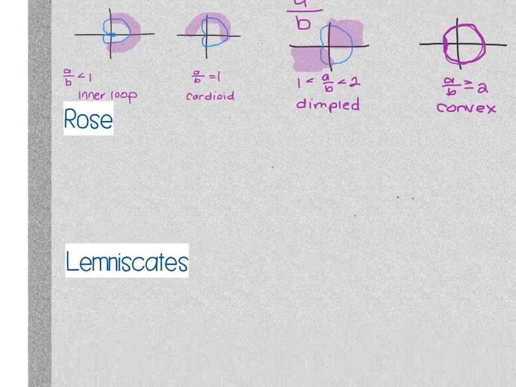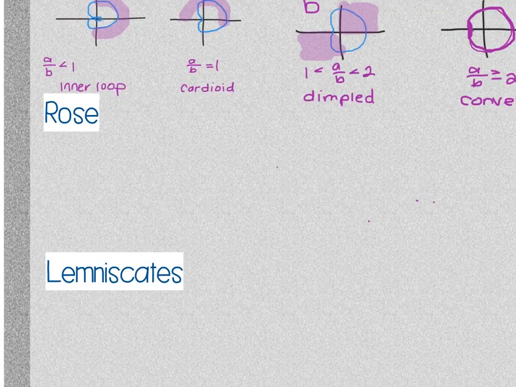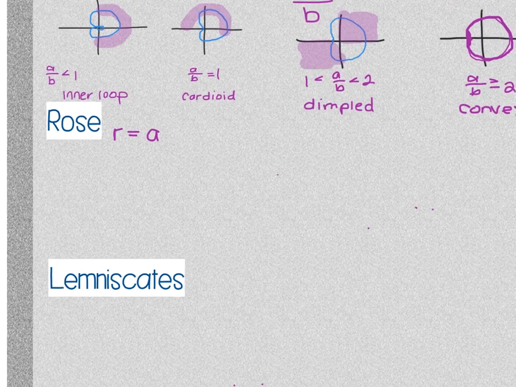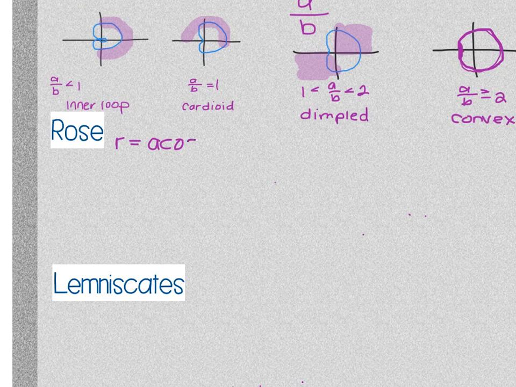Okay, then comes the roses. So the roses are r equals a cosine n theta, or r equals a sine n theta. So a rose has a number in between the trig function and the theta.